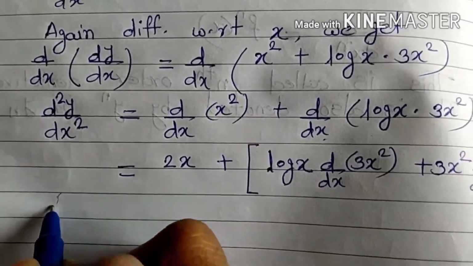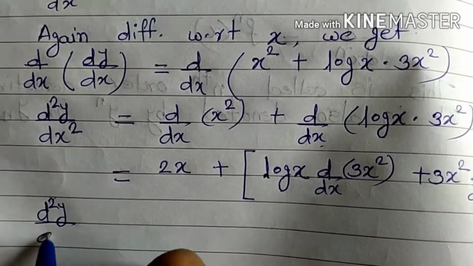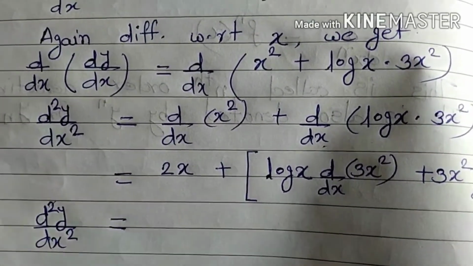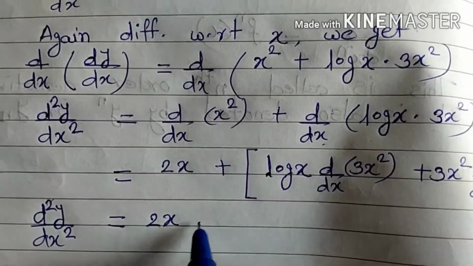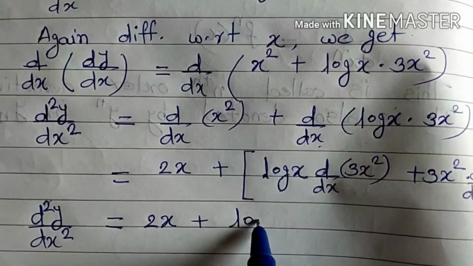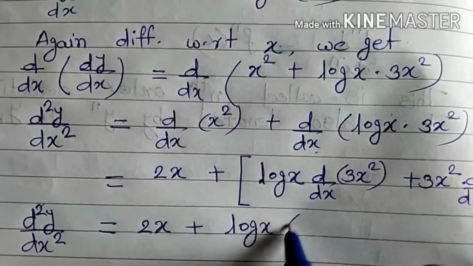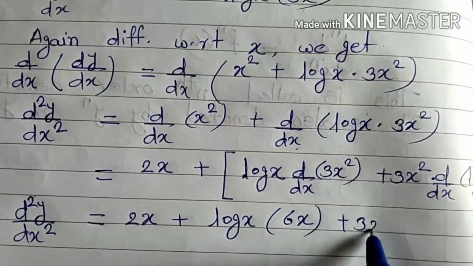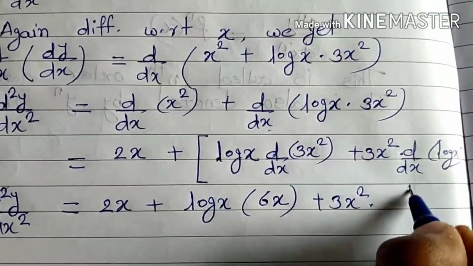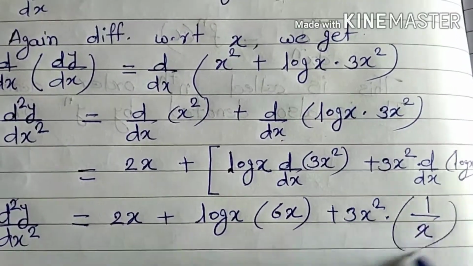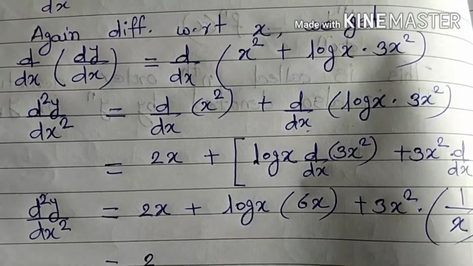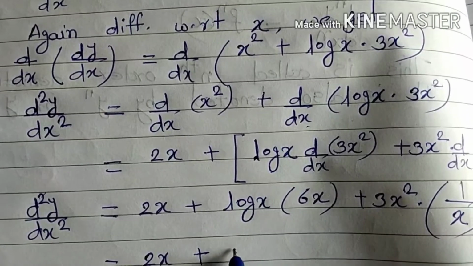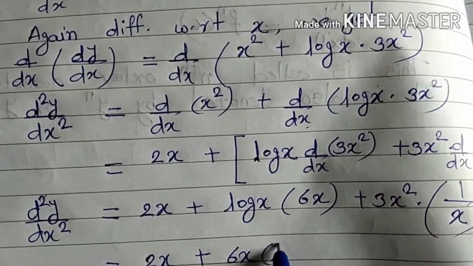So d2y upon dx square is equal to 2x plus log x as it is, the differentiation of 3x square is 6x, plus 3x square as it is, and the differentiation of log x is 1 upon x. So we get 2x plus 6x into log x.